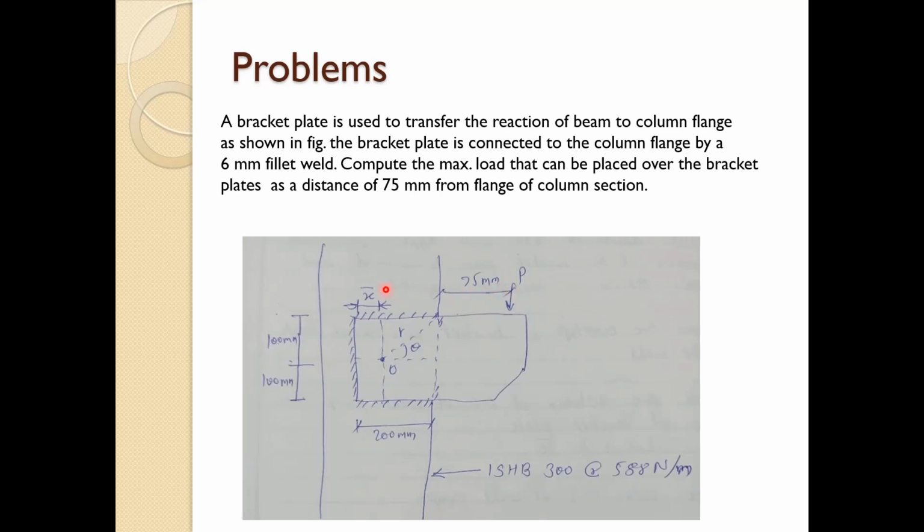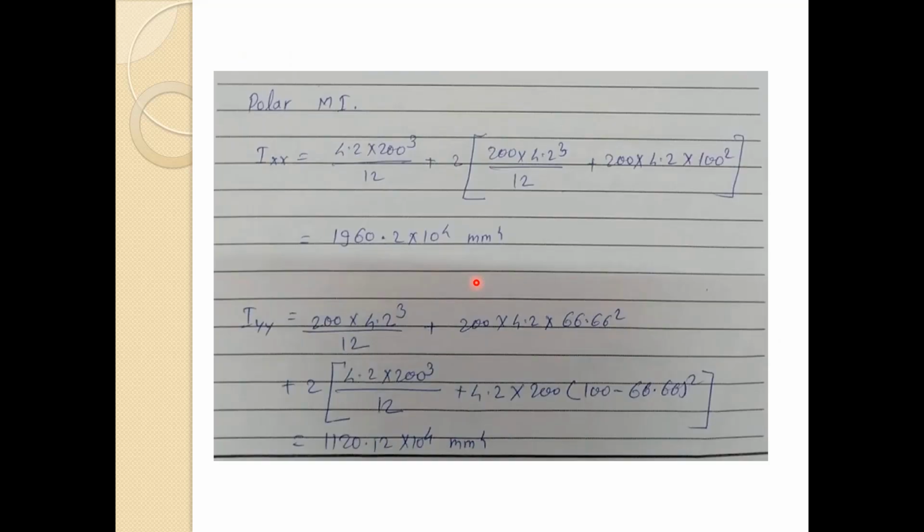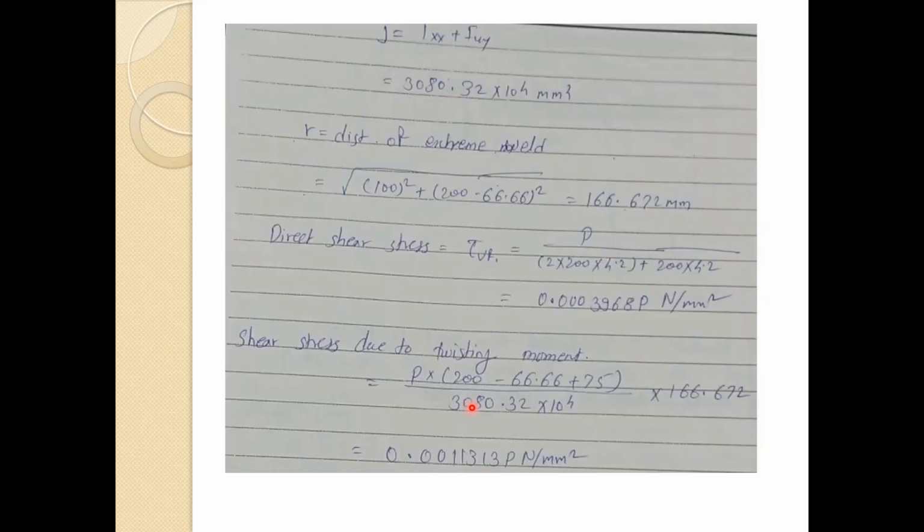So this is the distance or entire e. So this is P into e divided by this J, what we have got here, into this r. So we are getting 0.0011313 P. So this is the shear stress due to twisting moment.